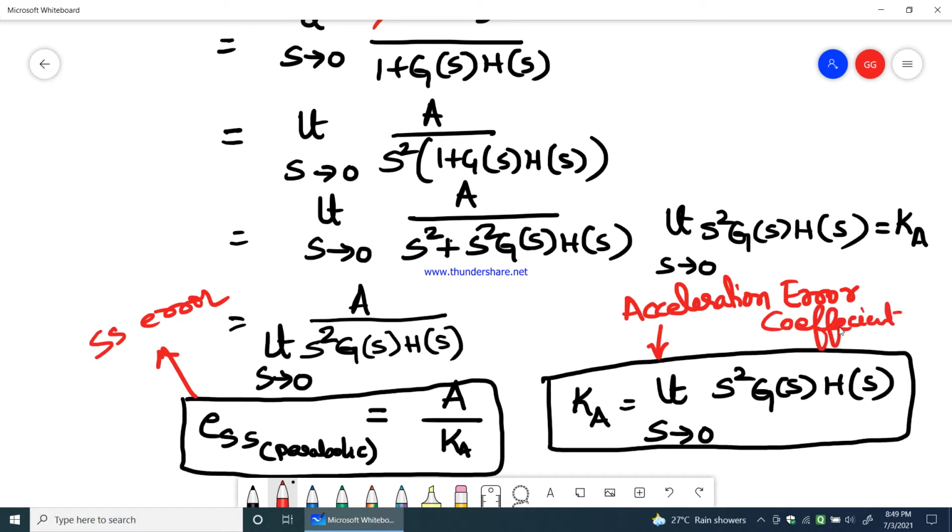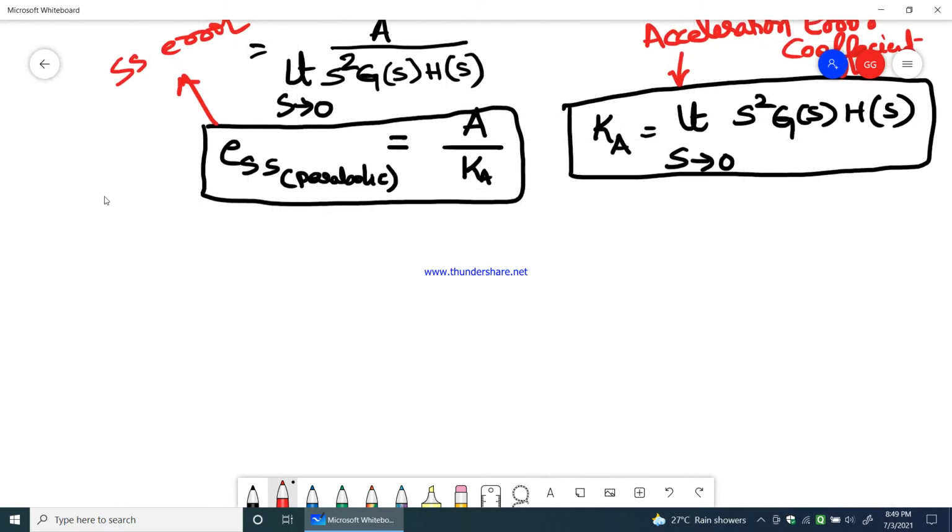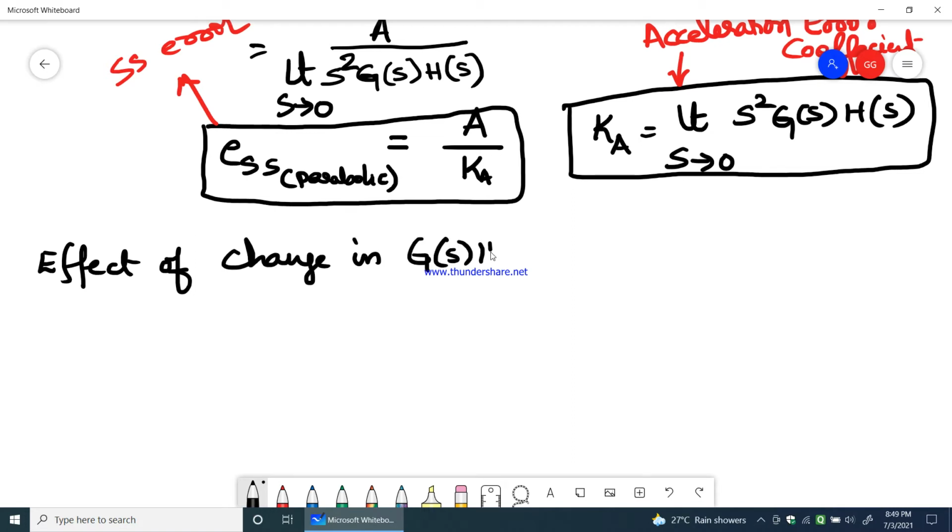So you will get three different types of error coefficient. Normally we try to see it. Okay. Now we'll see the effect of change in g of s into h of s on this steady state error.